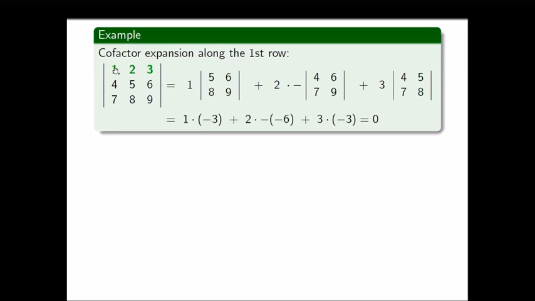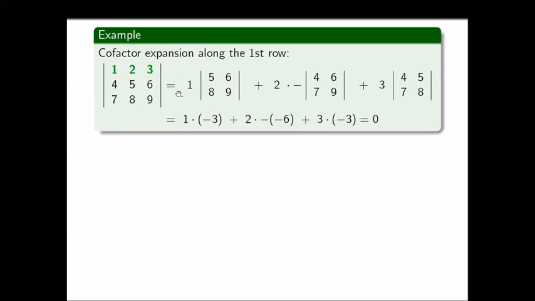So we have 1 times the cofactor corresponding to 1,1. To compute the cofactor corresponding to 1,1, we eliminate the first row and the first column, and therefore we are left with [5 6; 8 9]. We know how to compute this determinant. It's 5 times 9 minus 6 times 8, and that's just minus 3.